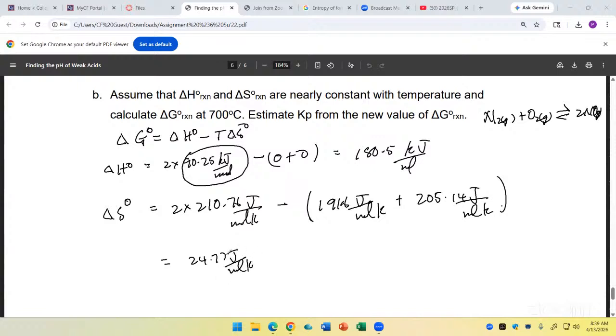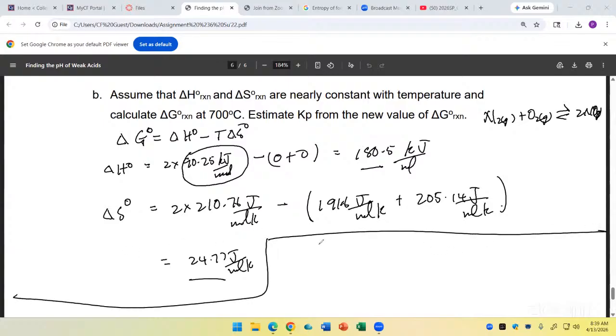All right. So now that we have delta S and delta H, we can plug those values into this equation. Let me create some space right here to find delta G standard.